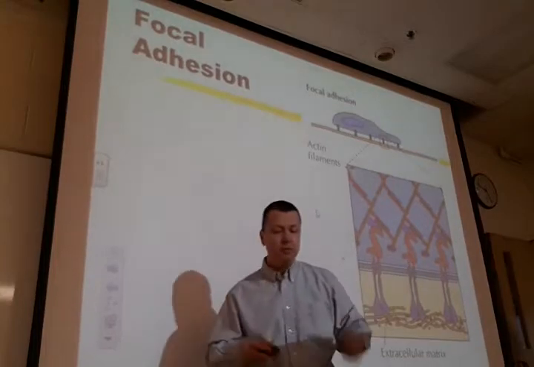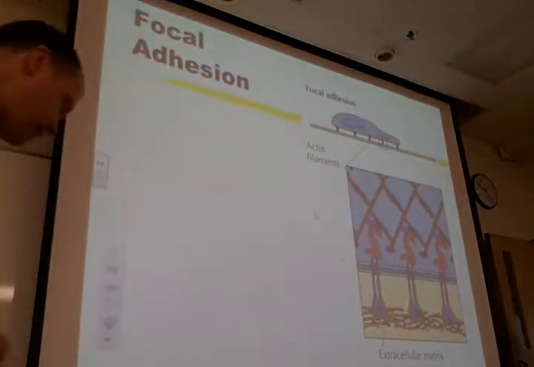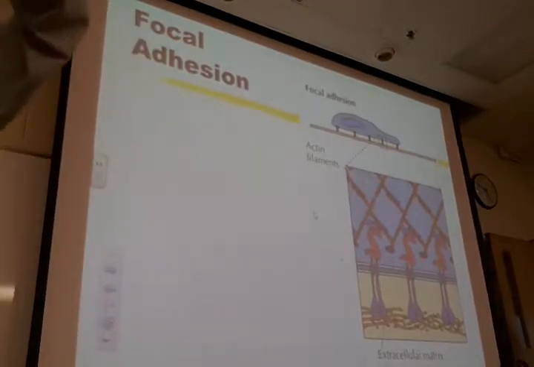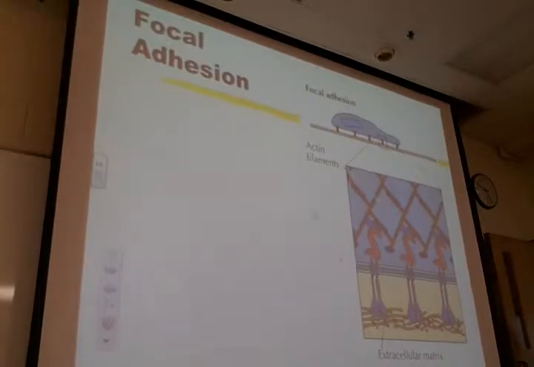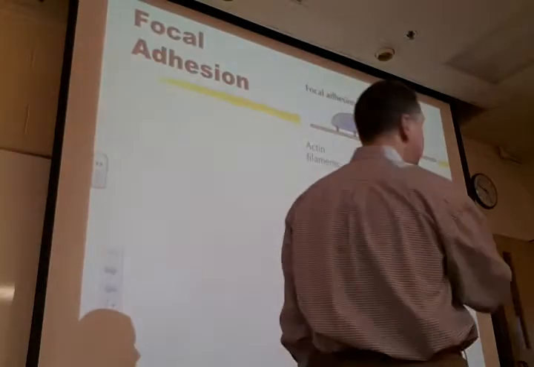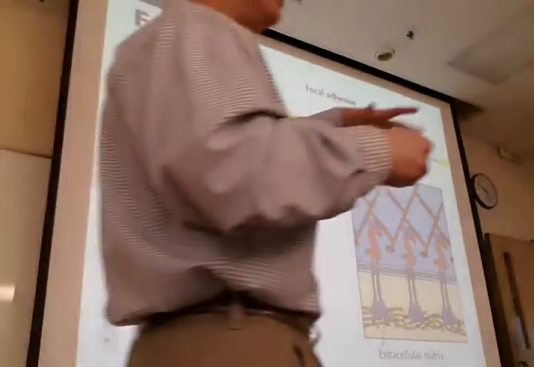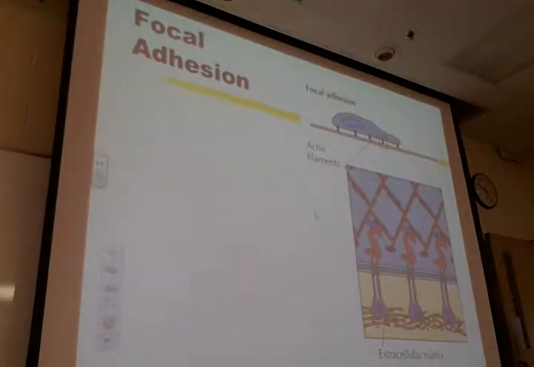So it's similar in design to a hemidesmosome, except this one is going to allow the cell to make contact with the extracellular matrix or whatever it is that it's crawling over, so it can kind of crawl across it. So that's the half version of that. So we typically only see focal adhesions in cells that have the ability to crawl, that have amoeboid movement.